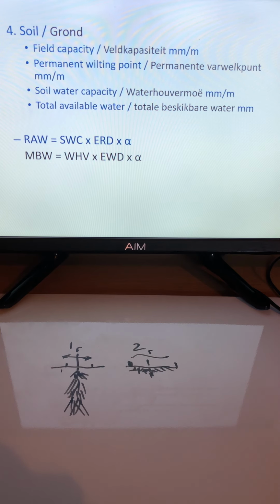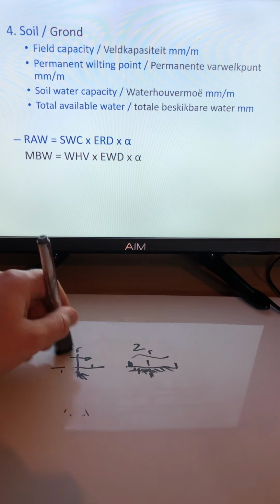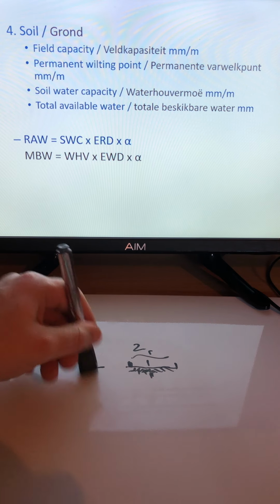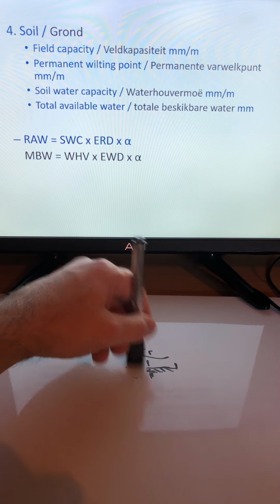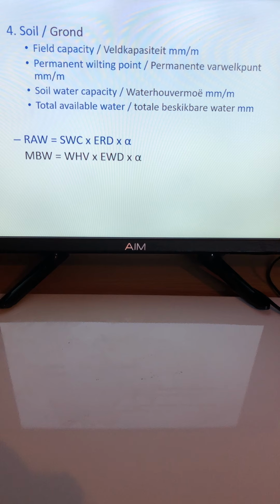But then also, if we get down to the detail of it, you've got field capacity and your permanent wilting point of your soil. So if you remember from soil science, field capacity is the amount of water that you can apply. So this is our y-axis, the amount of water.